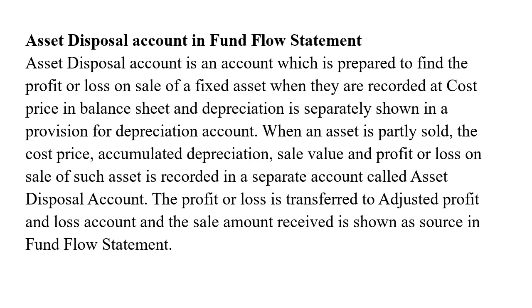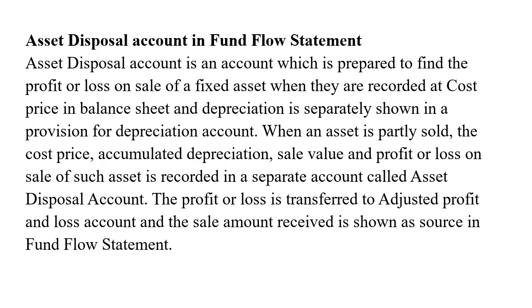Asset disposal account in fund flow statement. In preparing the fund flow statement, this account is prepared. Asset disposal account is an account which is prepared to find the profit or loss of the sale of a fixed asset when they are recorded at cost price in balance sheet and depreciation is separately shown in a provision for depreciation account.